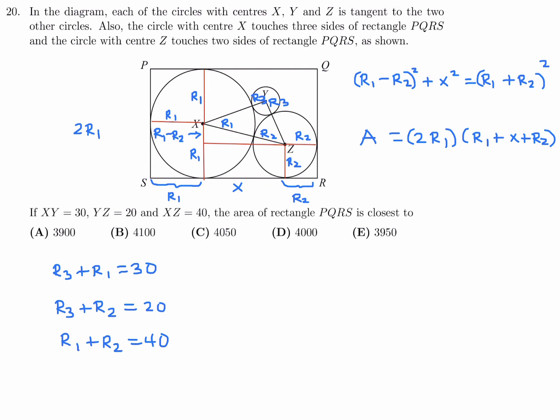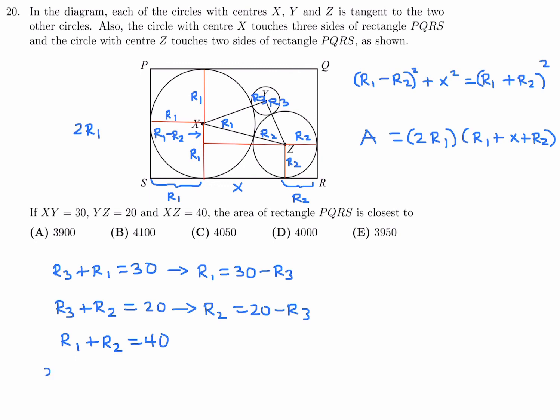And here we go. So from this guy, R1 will be equal to 30 minus R3. From here, we can get that R2 is equal to, or probably better to use this guy instead, R2 is equal to 20 minus R3. And then what I can do is I can substitute both of those into there.